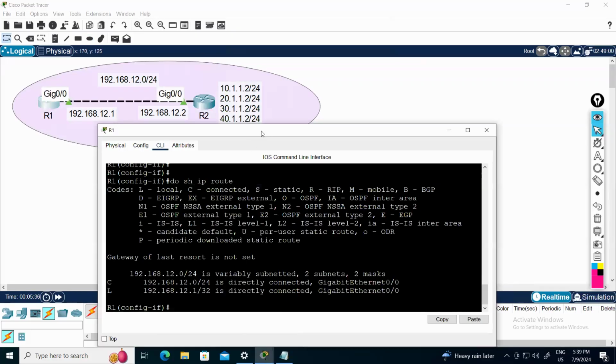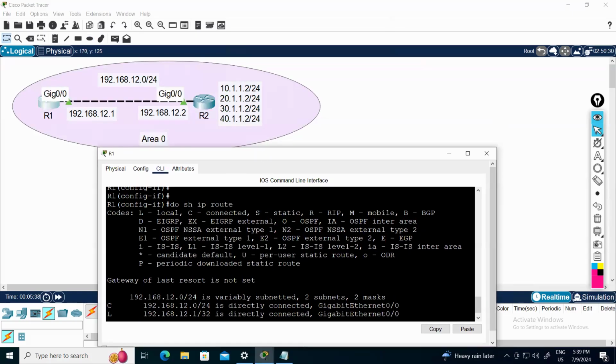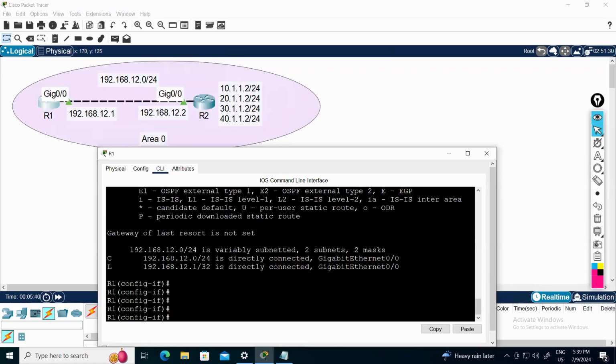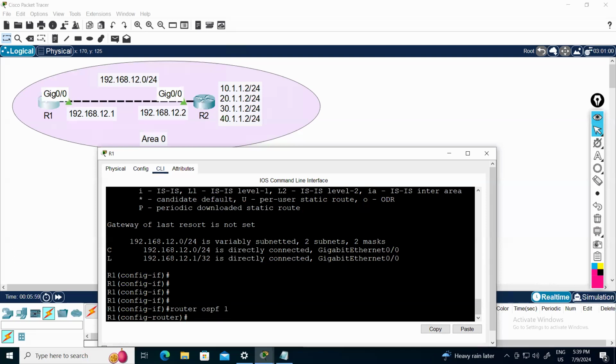Let's go and configure it. Router OSPF and process ID. Normally we say things have to be the same, but here I'll use different ones. On R1, I'll use process ID 1. On R2, I'll use 2, so that you can verify that this doesn't have to be the same. Router ID, I will not give it.